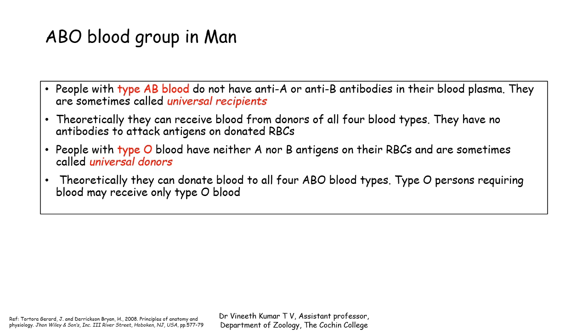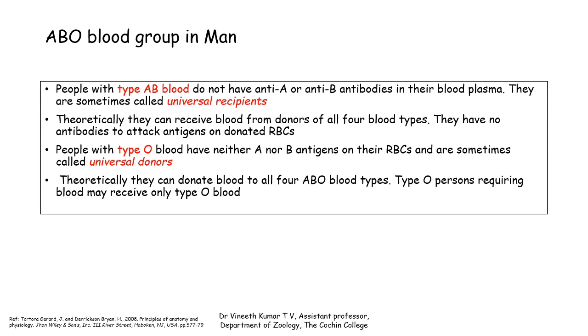The second reaction is that if you are giving A blood group to an AB person, the A blood group has anti-B, and theoretically this anti-B can attack the B antigens on the AB blood group RBC.